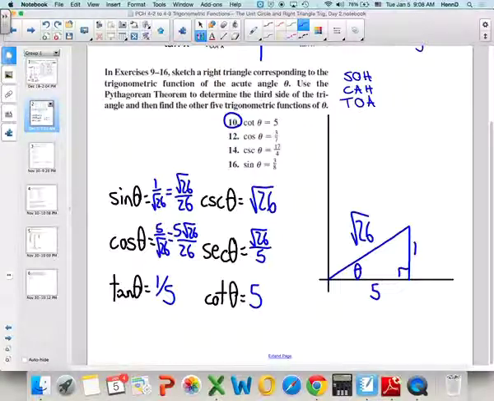Now, tangent and cotangent are different. They're still reciprocals, but tangent can be any real number. So you can have a tangent equal to 100 or something. But sine and cosine always have to be between -1 and 1. And therefore, cosecant and secant will always be bigger than 1 or smaller than -1.